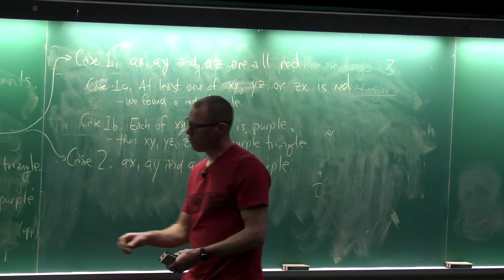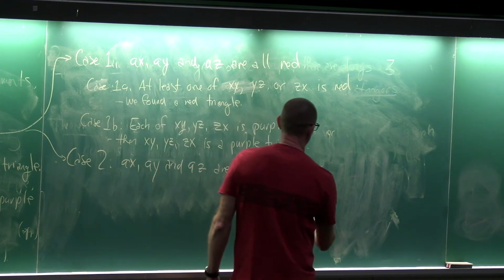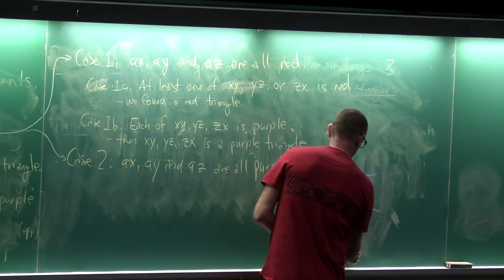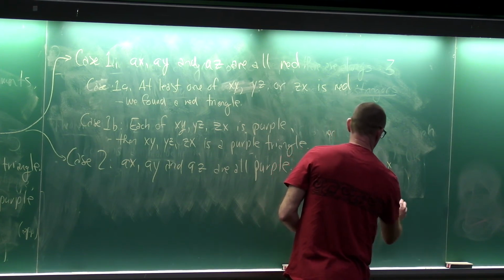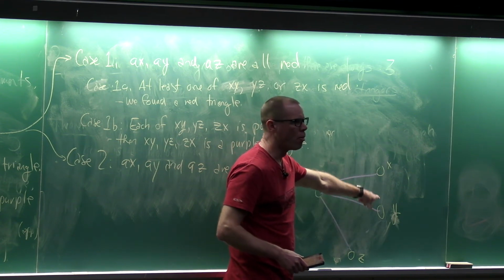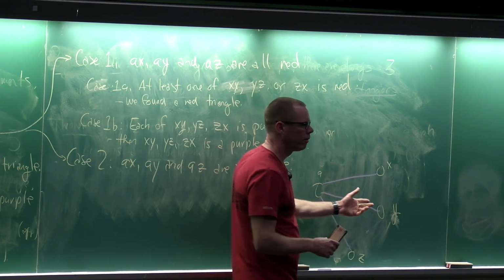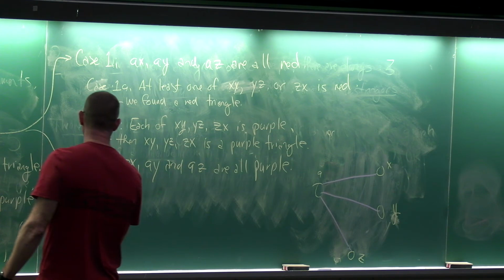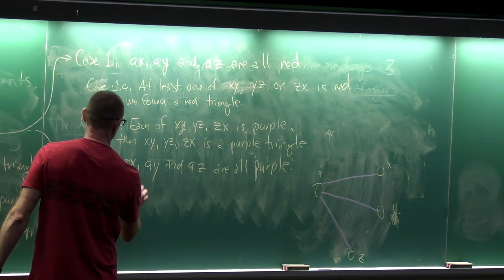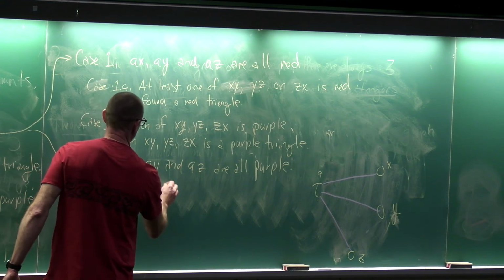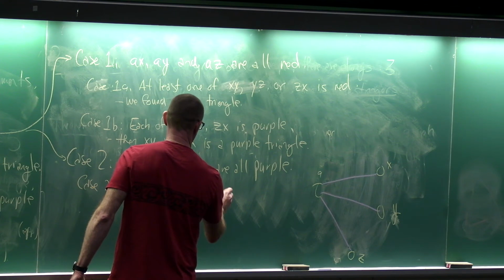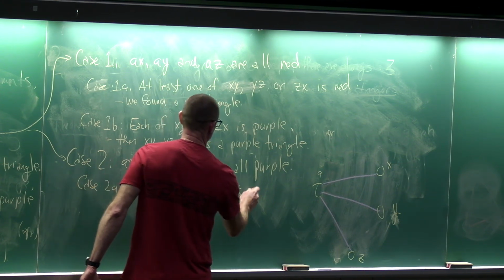But you start to see what happens. Okay, the 3 edges coming out of A are purple. We would be very happy if we could find one more purple edge here. So then you get case 2A, one of XY, YZ, or ZX is purple.